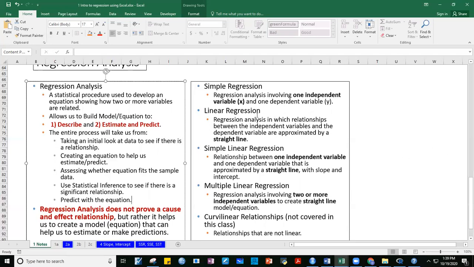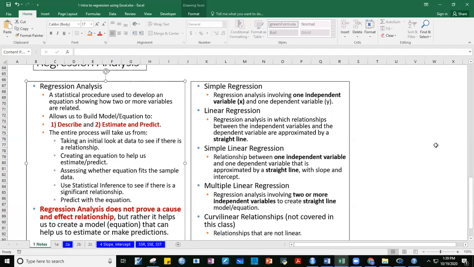So why is it linear regression, guys? Can it be a curvilinear regression? Yes, there's such a thing as curvilinear regression. We use that if the relationship between your variables is nonlinear. That's why it's important for us to plot your data set first, to see what kind of relationship your two or more variables have.